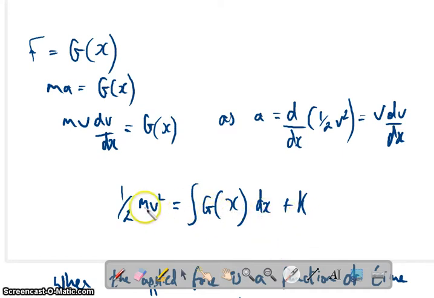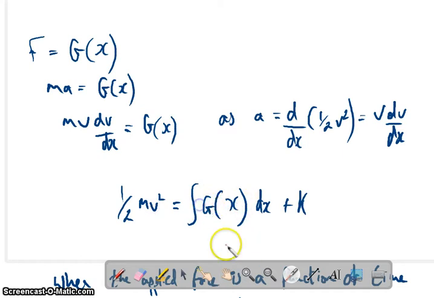Now, you may have noticed already, this is equal to kinetic energy, and kinetic energy is equal to the integral of the force with respect to x. Or in plain simple terms, if it was a constant force, work done is equal to force times distance.